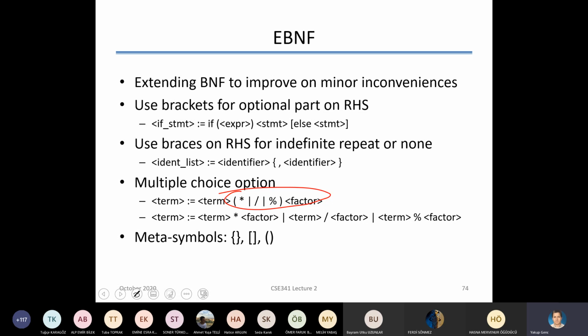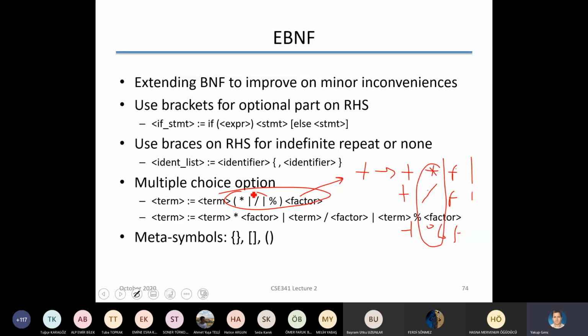This would have been done as T goes to T star F, or T divided by F, or T modulo F. So you would need to write three of these options. Now, instead, you can put the changing ones within parentheses, saying that this can be either this or that or that.